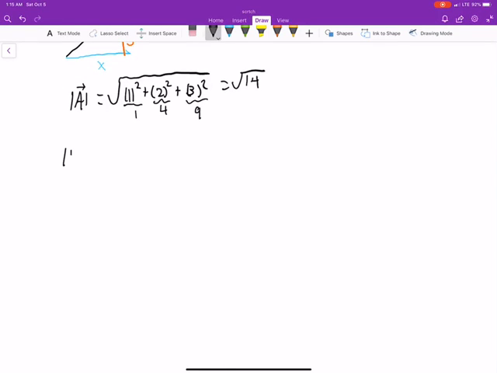Let's try B, which was 4, 5, and 6. Same thing: 4 squared plus 5 squared plus 6 squared.